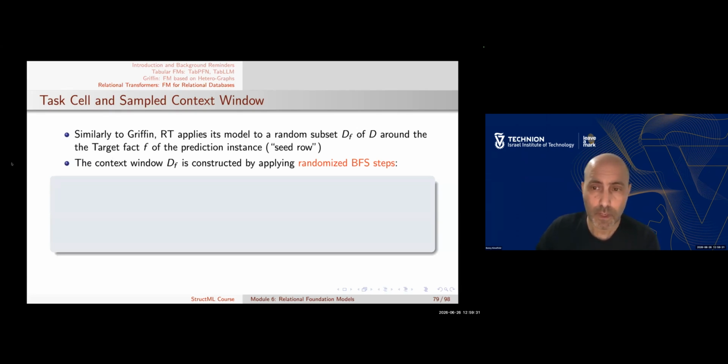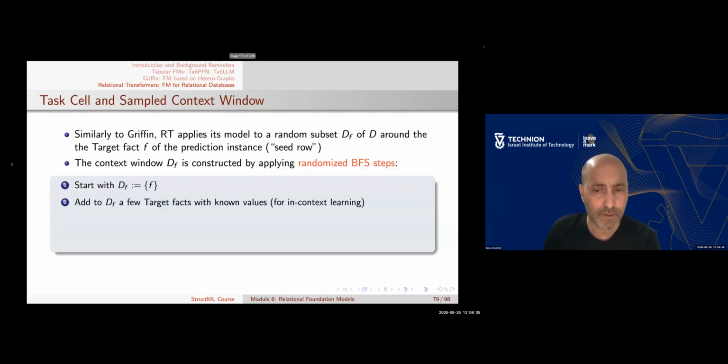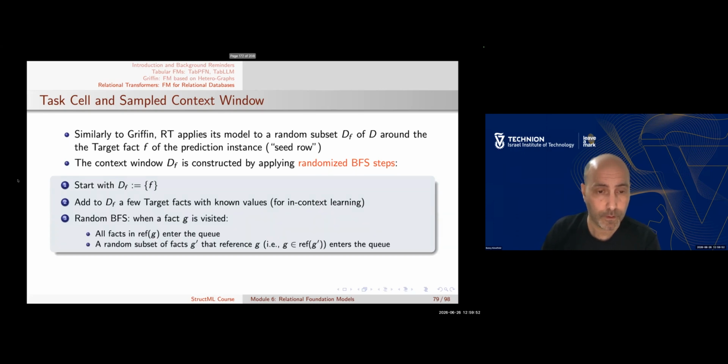This is done by applying randomized BFS as follows. We start with the fact F, that is our task. We add several other target facts with known values. This is for in-context learning.